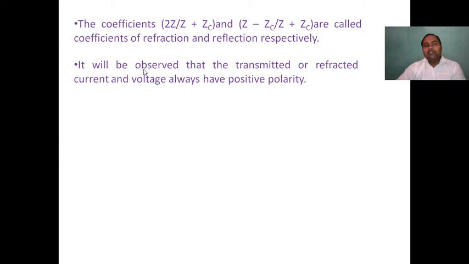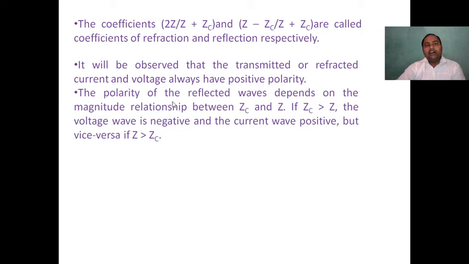The polarity of the reflected waves depends on the magnitude relationship between ZC and Z. If ZC is greater than Z, the voltage wave is negative and the current wave is positive. But vice versa, if Z is greater than ZC.